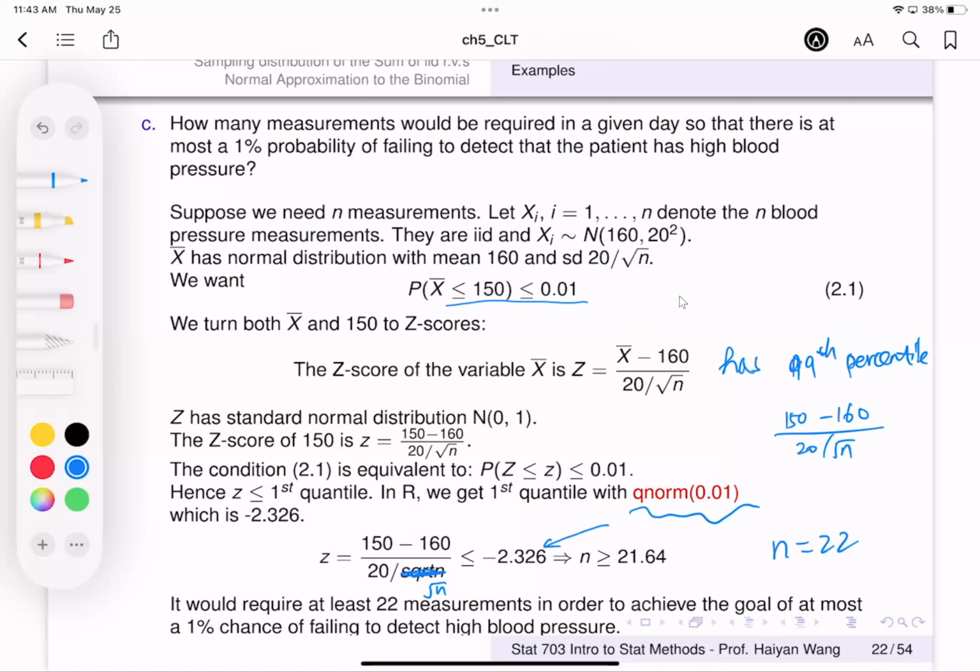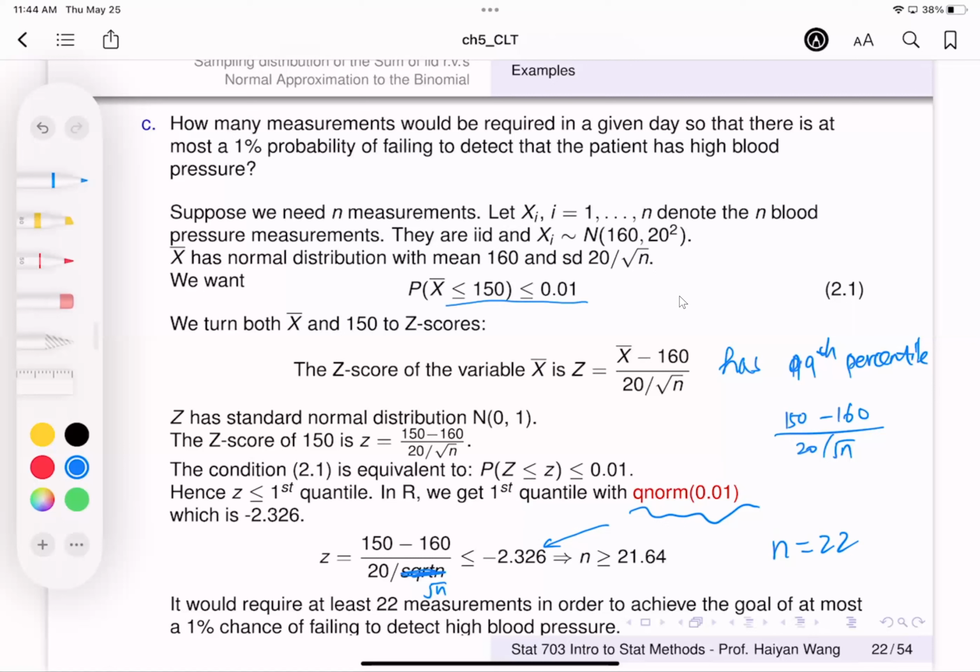So we need 22 measurements in order to have at most a 1% chance to fail to detect high blood pressure. To summarize this part C, when we say at most 1% fail to detect, this 1% is the probability of X bar less than 150, and therefore 150 is the 99th percentile.